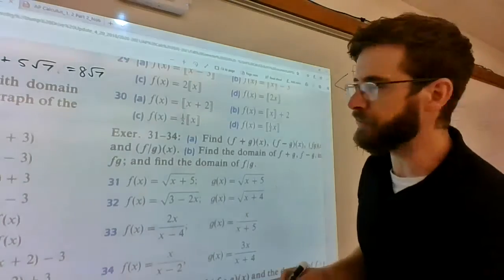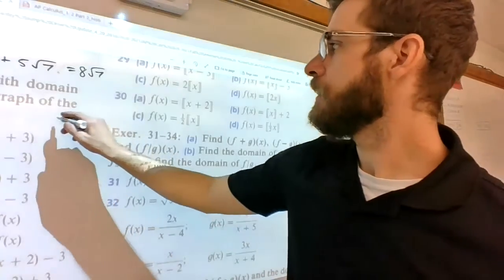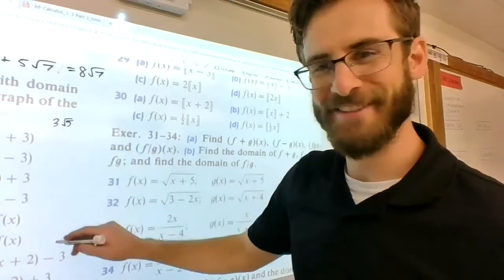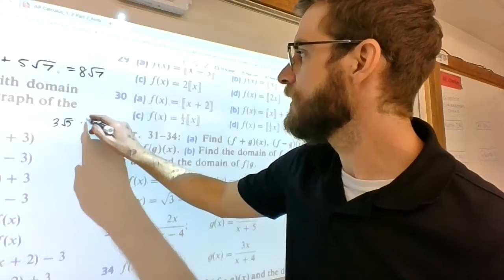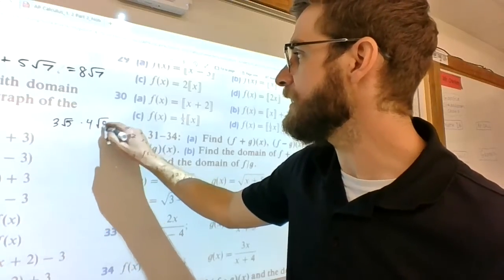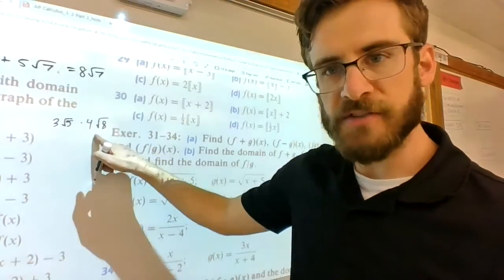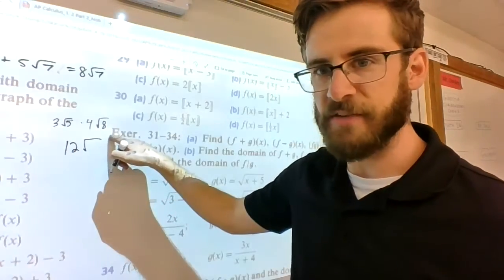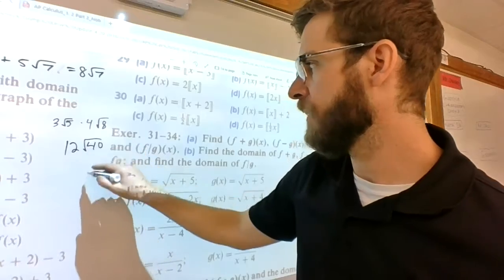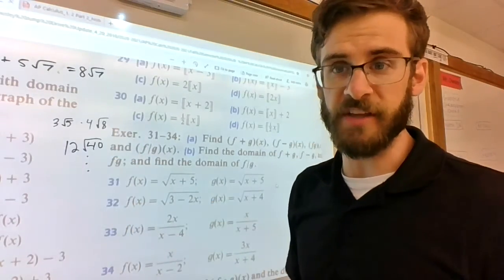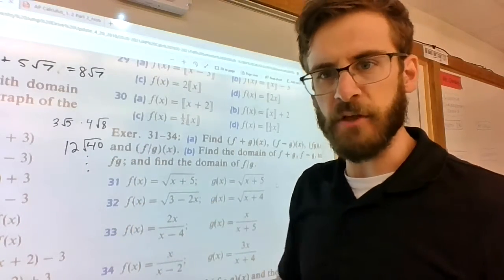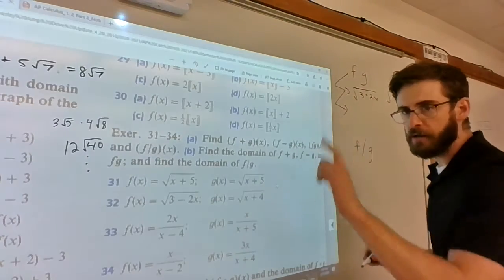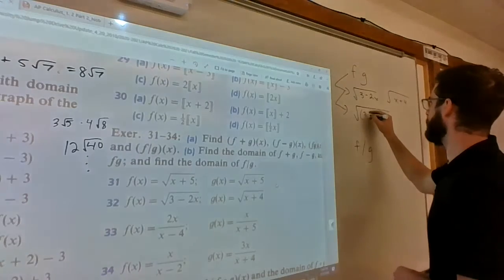So like a quick example of that would be if you had 3 root 5 times 4 root 8, you'd multiply the outside quantities to get 12, and then the inside quantities to get 40. Now that requires some simplification if that's what you're going for, but I think you guys get it. So this can be one radical where they're being multiplied together.